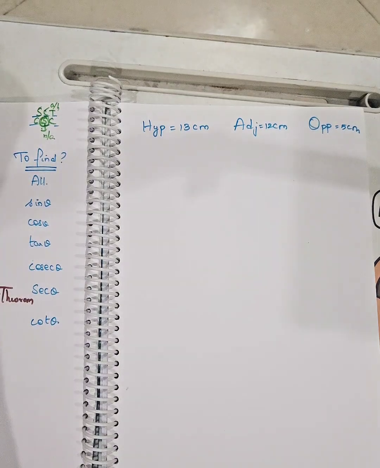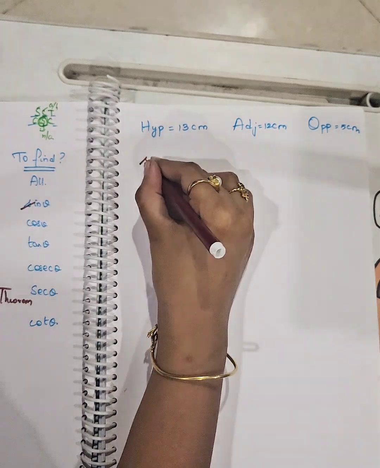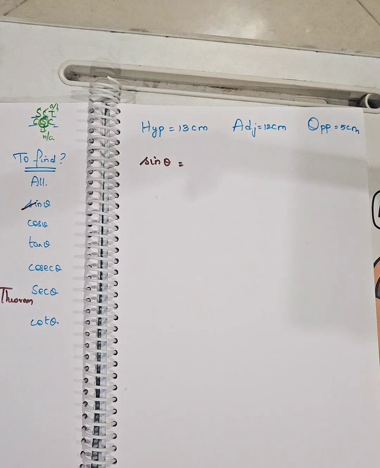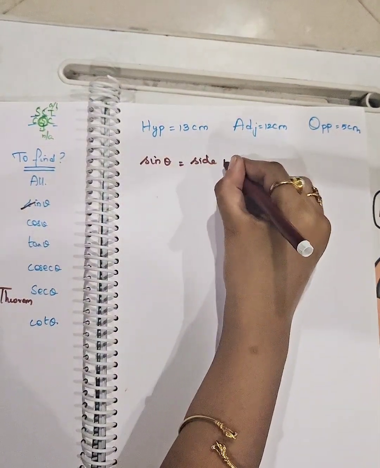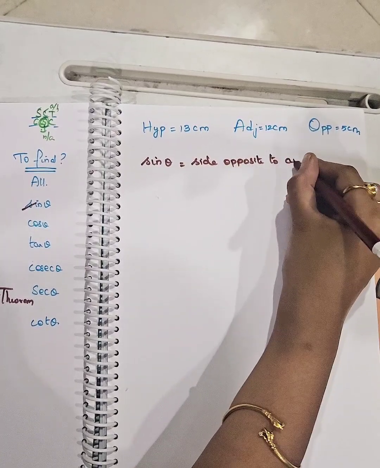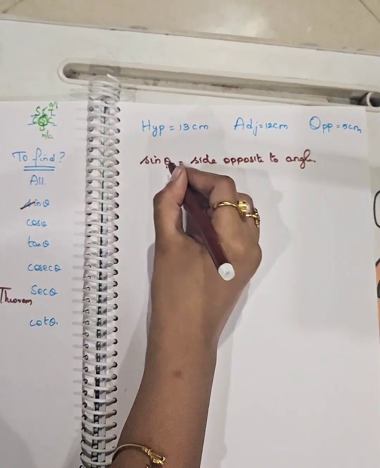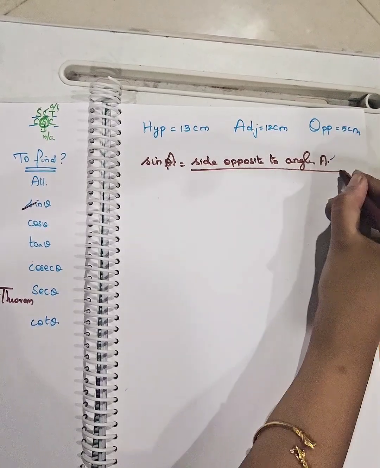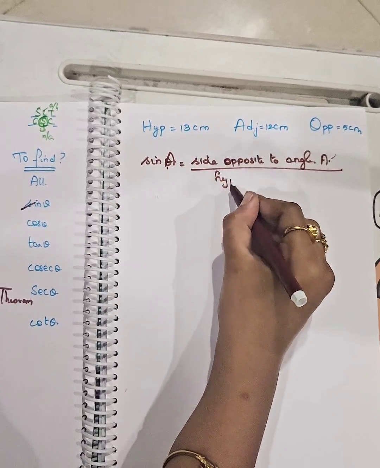So very simple. Let us start with sine theta. Okay. So sine theta. How should we write the formulas? To get step marks, the side opposite to angle, since we have kept angle, let the theta be angle A. The side opposite to angle A divided by, according to our formulas, O by H, hypotenuse.